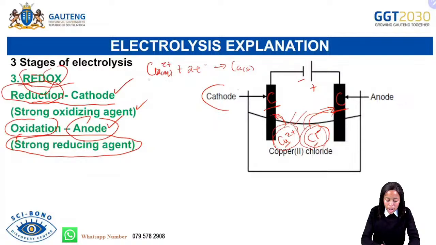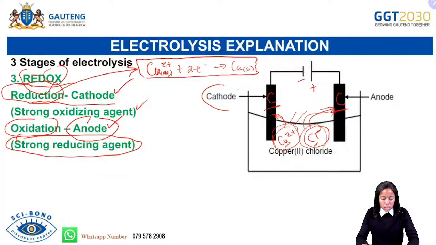So you are then going to write what? You are then going to write the copper in terms of reduction. So this will therefore represent your reduction half reaction. So remember we said that when it comes to reduction, we are going to copy and paste.